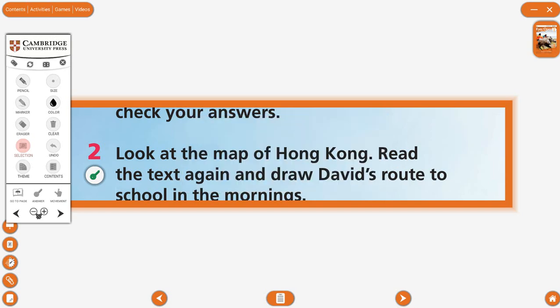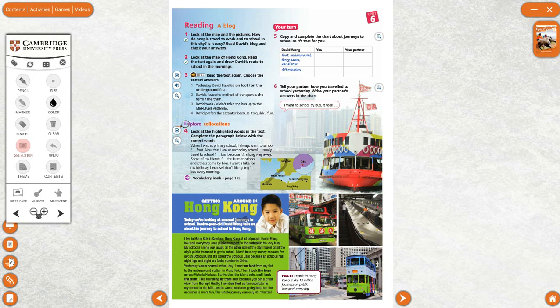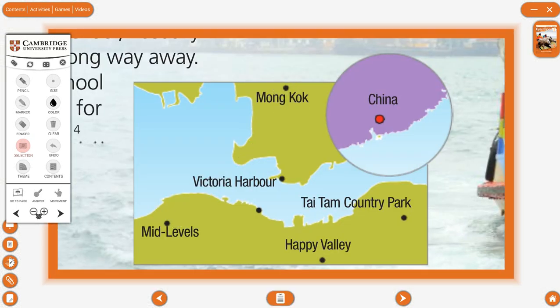Now that means firstly he will come here like that, then take the ferry, then took the tram, then arrived at his school.